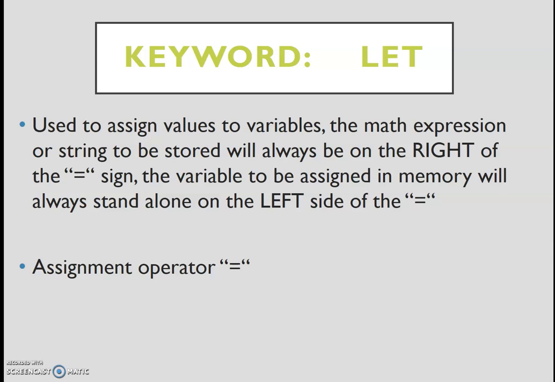And so we always store from right to left. The assignment operator looks like the equal sign. It is the equal sign. In algebra, remember the idea that x is equal to 2. Well, I can say x is equal to 2, but then x is going to be that address in memory to which I assigned the value. But we assign it from right to left.